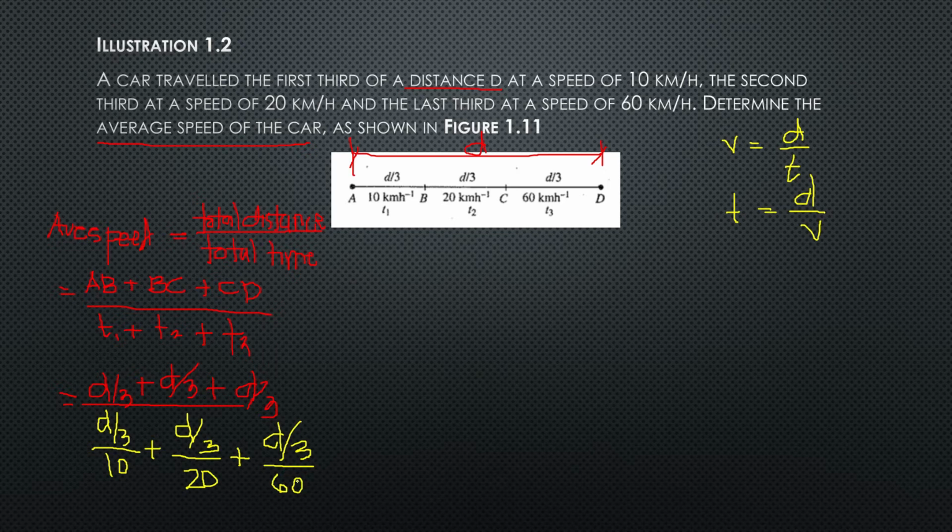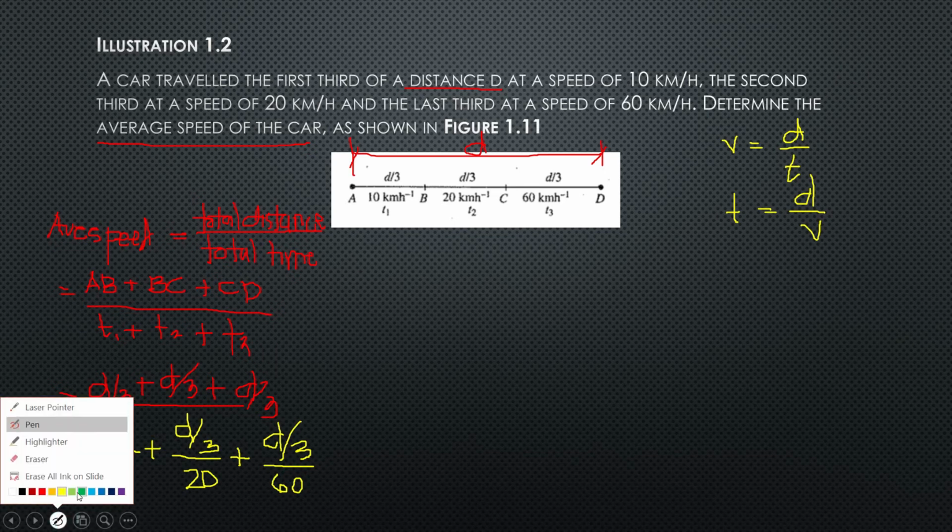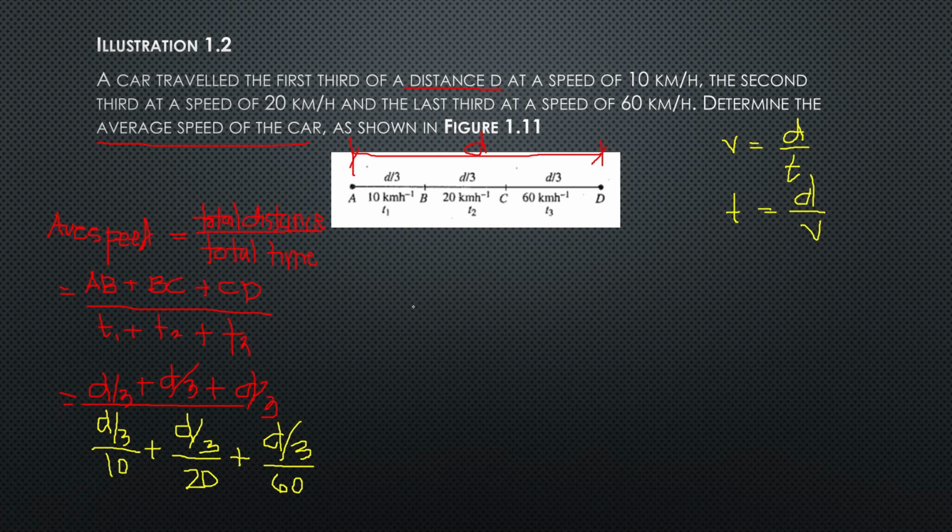Now, simplifying this equation, A to B plus B to C plus C to D is the total distance from A to D, which can be written as D.